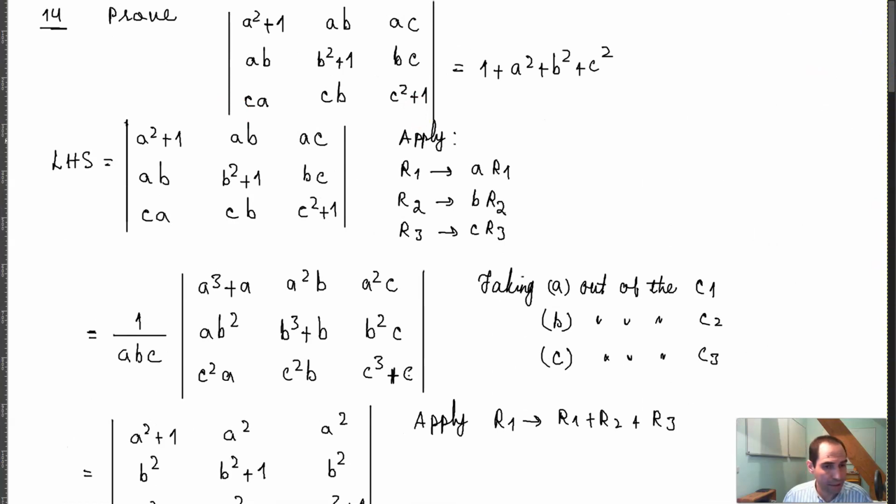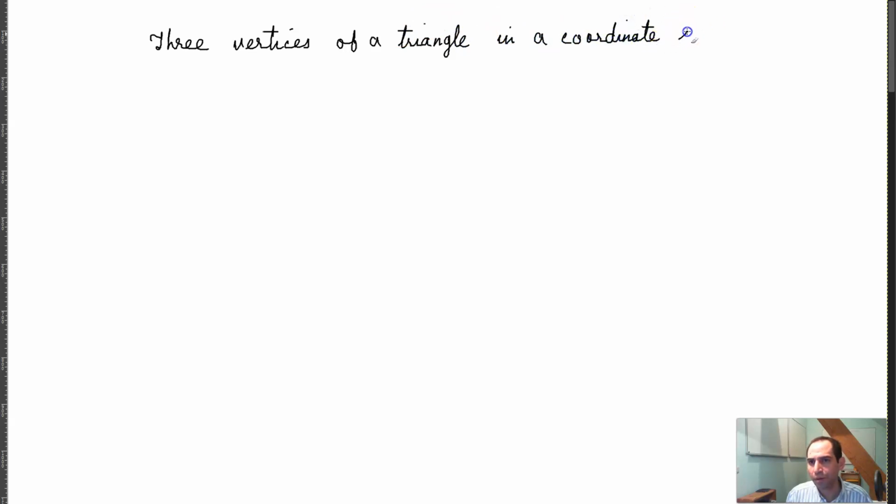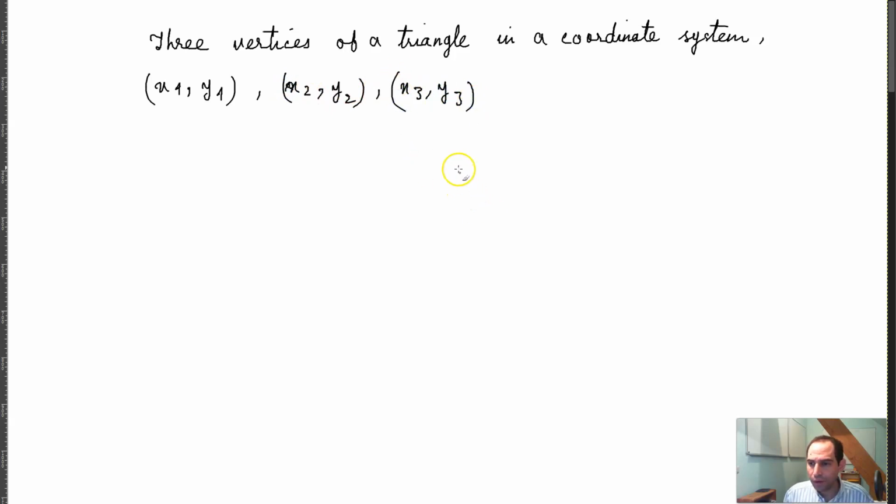Now in class 10 in analytical geometry, what we learned was that if you have the 3 vertices of a triangle in a coordinate system, for example, let's call them x1, y1 and x2, y2 and x3, y3, then using the 3 coordinates, you can find the area of the triangle as follows.